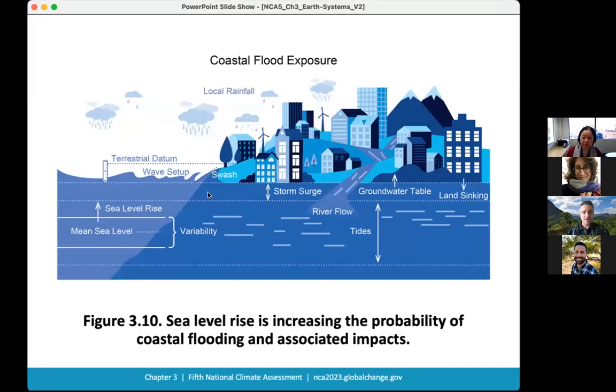This is showing all those different processes that get very complicated and complex, and that show there's a lot of variability in sea level rise when you get down to the local level. All these different things can affect how much localized sea level rise you would expect, and also what form that takes. Do you see the most impacts during storm surges?